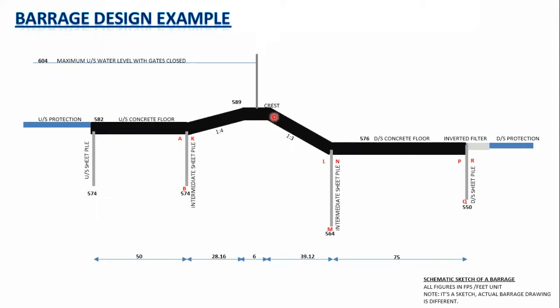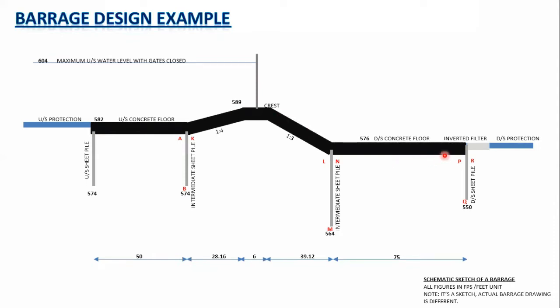Similarly, the crest and downstream concrete floor are joined by a sloping floor termed the downstream glacis. This is the main barrage portion. If you see this sketch, in this main barrage portion, the strong material or concrete part is only this floor.